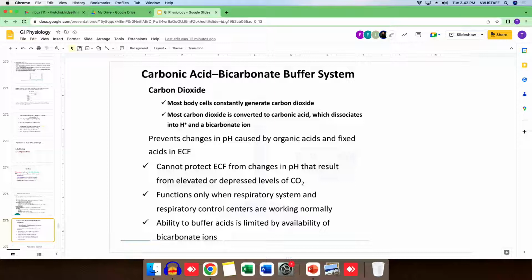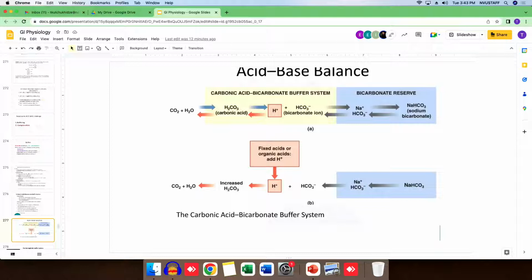Regarding the carbon dioxide, we already mentioned it and we will speak about it. It's important to know that CO2 plus water will give us carbonic acid, and then it can dissociate and give us protons and bicarbonate ions. Bicarbonate ions are mostly reserved as sodium bicarbonate.